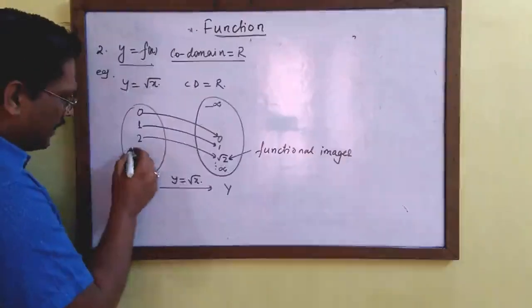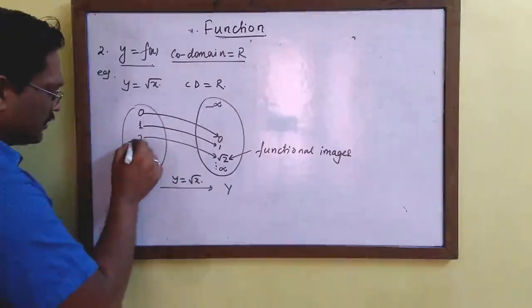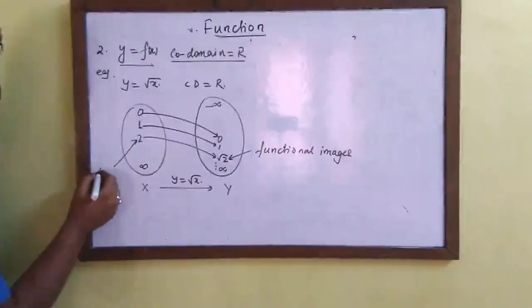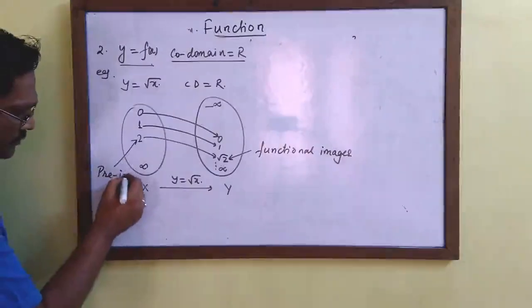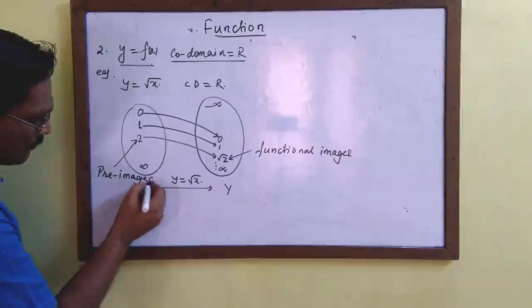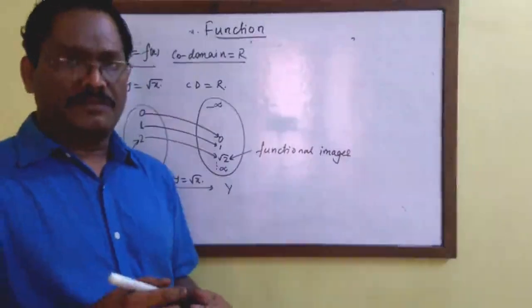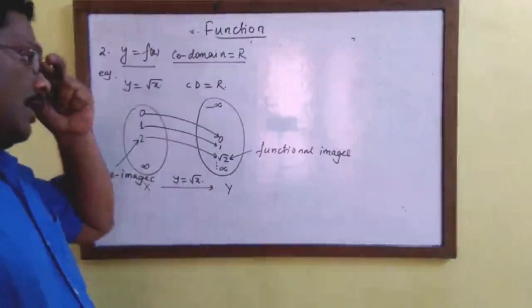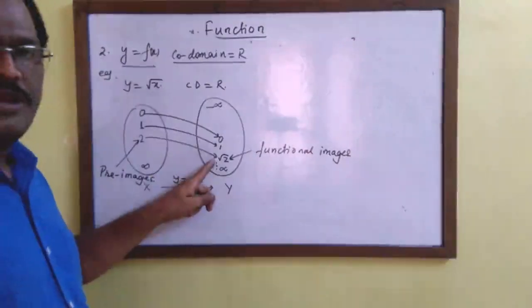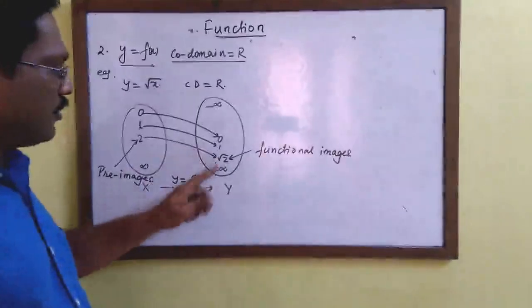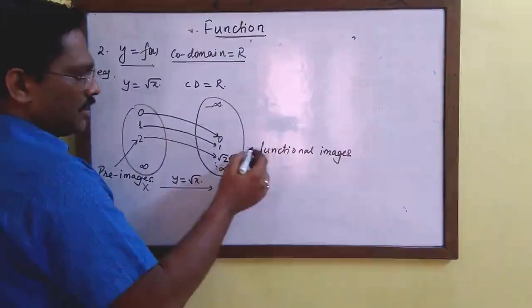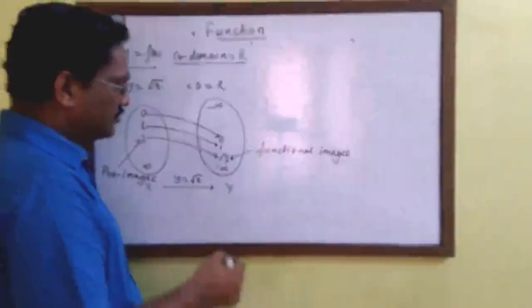Now, these elements which are present in the left side set, they are called pre-images. So, all the elements of your domain are pre-images, and the elements which we get as output corresponding to the input being provided are called functional images.